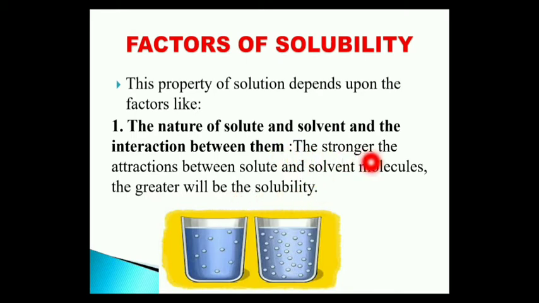But if the attractions between the solute and solvent molecules are weaker, then the solubility of the solution will decrease. So solubility depends upon the force of attraction between solute and solvent molecules. This is the first factor of solubility, nature of solute and solvent.